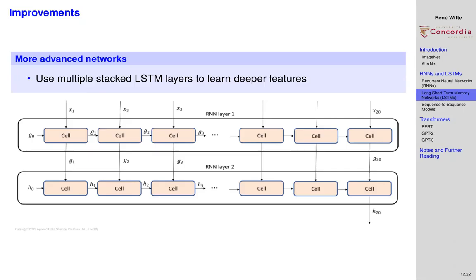Instead of just using one LSTM layer, you can stack multiple LSTM layers on top of each other. But then obviously, you're going to have a lot more training effort, because you have to propagate back not just through one RNN layer in time, but back through multiple RNN layers.